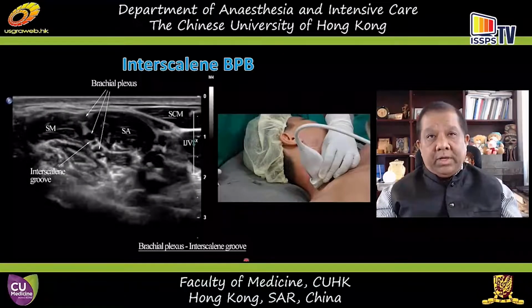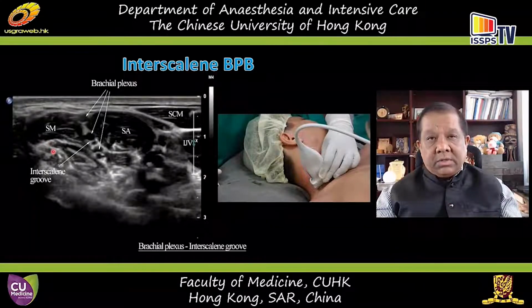During an interscalene brachial plexus block, a transverse oblique scan is performed in the neck to identify the ventral ramus of the C5 and C6 located between the scalenus anterior and the scalenus medius muscle.